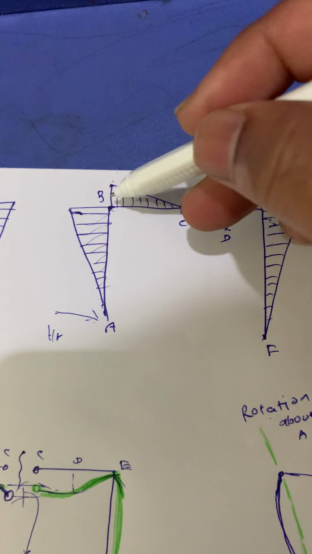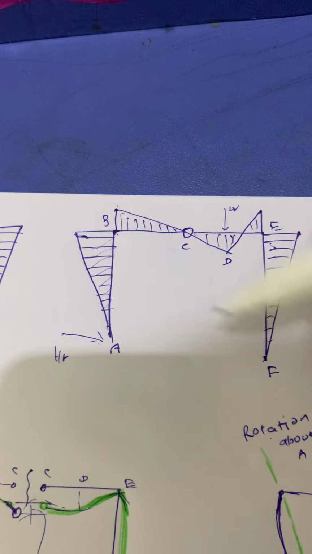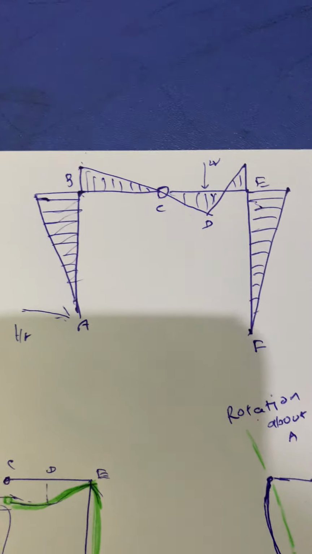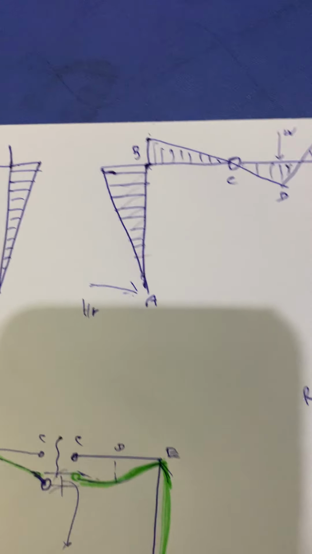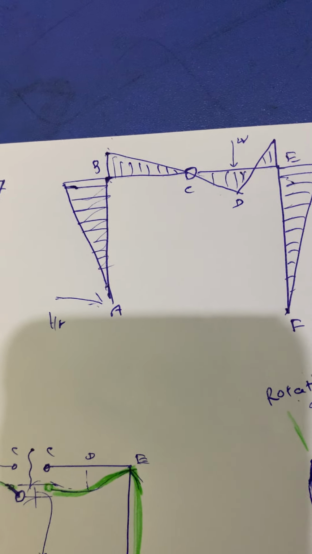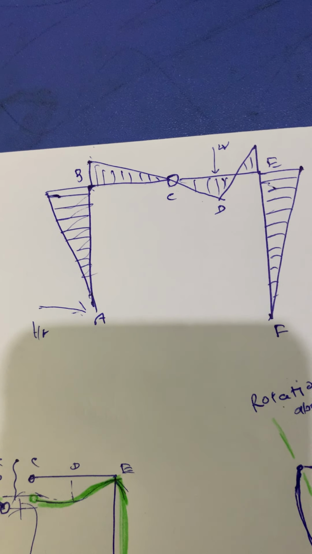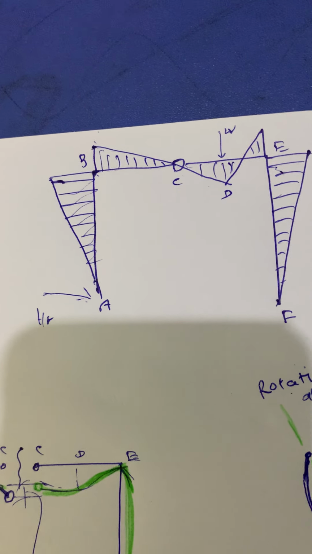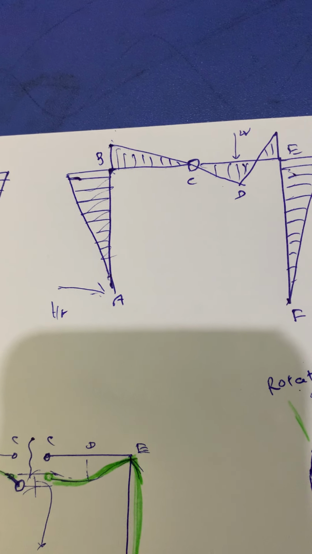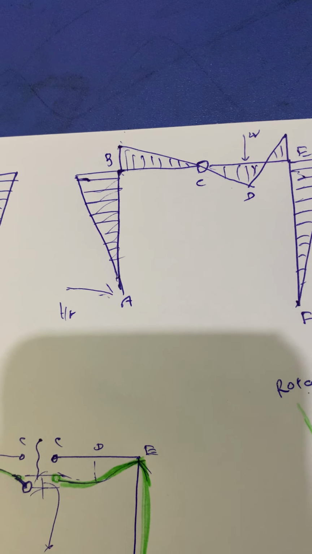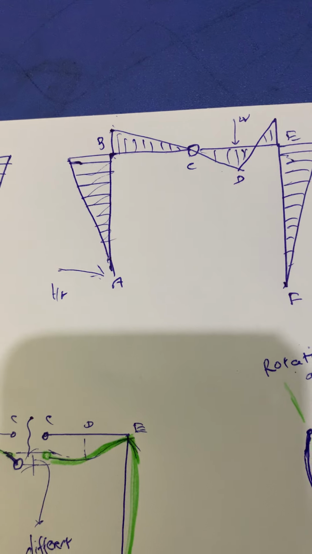So the moment at B should resist in the opposite direction so that it will maintain the equilibrium position. Because of the horizontal force, the balancing anti-clockwise moment, B is clockwise.